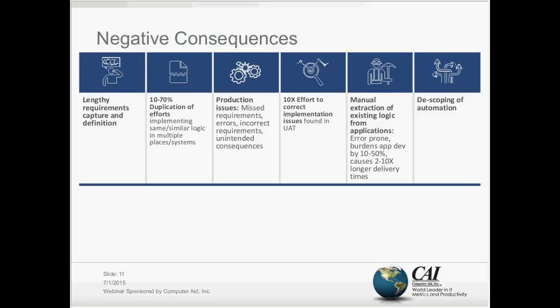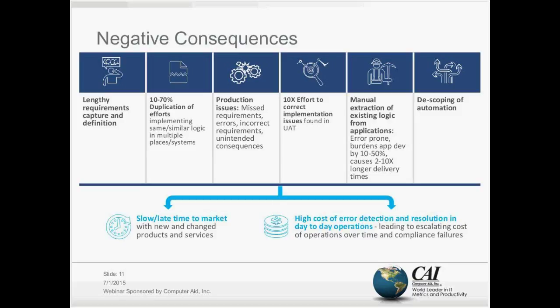And then manual extraction of existing logic from applications. Whenever applications need to be changed, the lack of traceability from requirements to the actual implementation of those requirements means that the logic has to be extracted manually with a very error-prone process. And, of course, the de-scoping of automation, meaning that we don't achieve our goals in the first place. So all of this results in slow, late time to market, high cost of error detection and resolution in day-to-day operations, escalating costs and compliance failures, and this brings risk to the business.